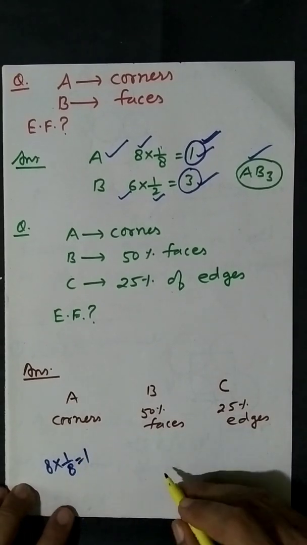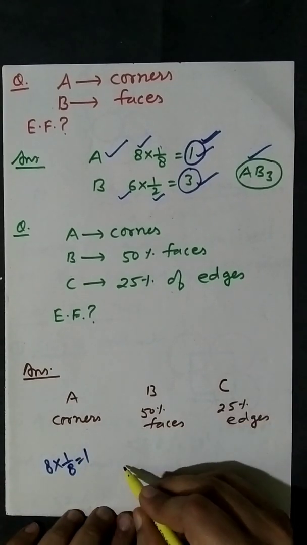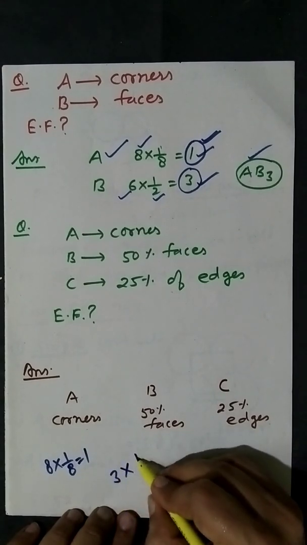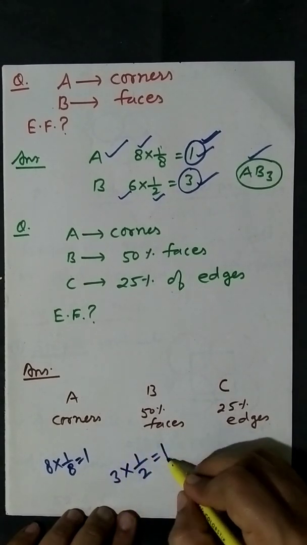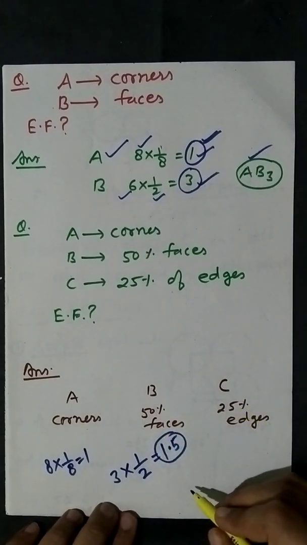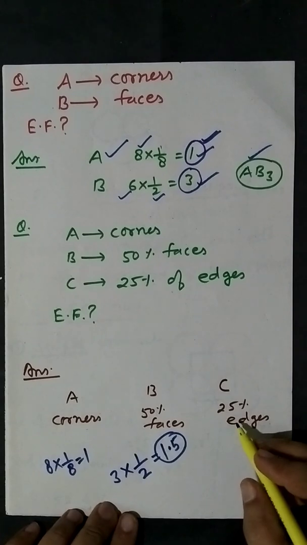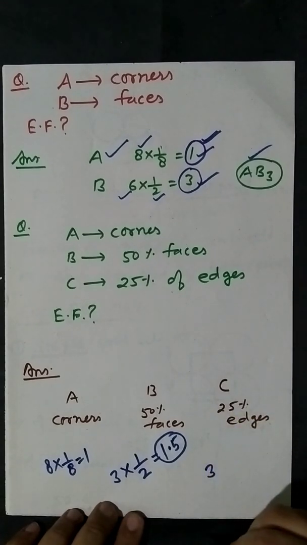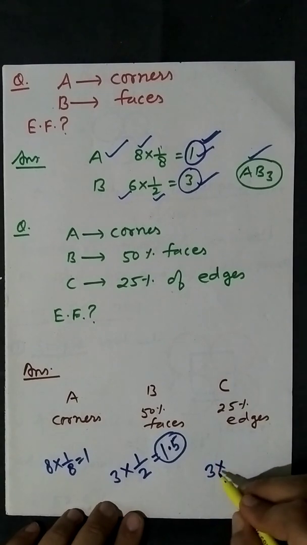So here 1 particle of A. 50% faces means out of total 6, 50% means 3 faces, and the contribution of face we know is half, so 1.5 particles of B per unit cell. 25% of edges: the total number of edges is 12, and 25% of 12 is 3.